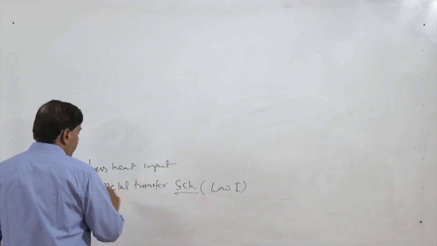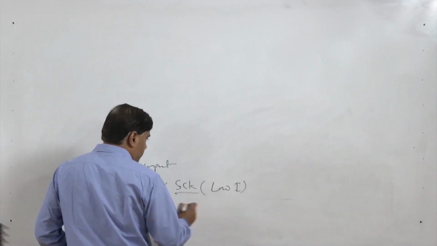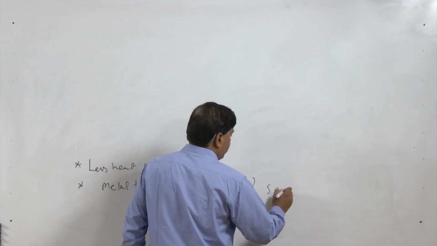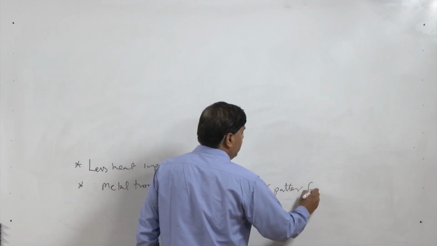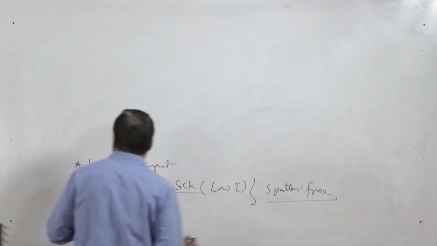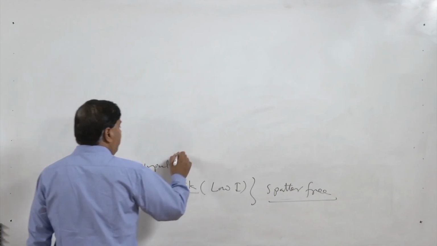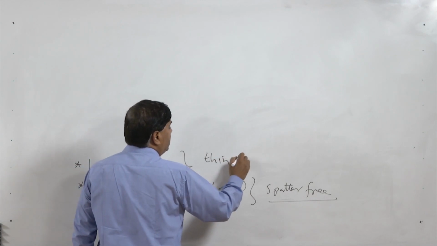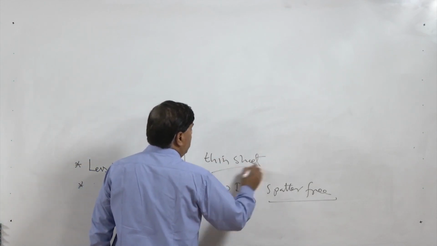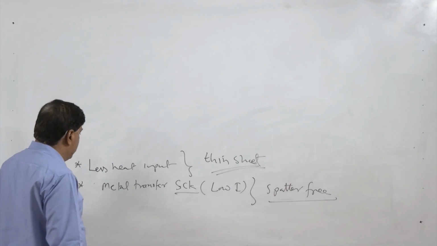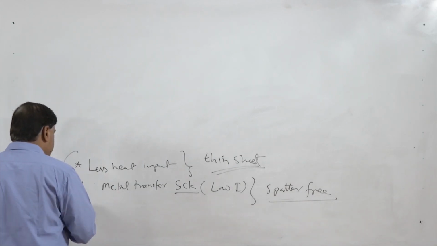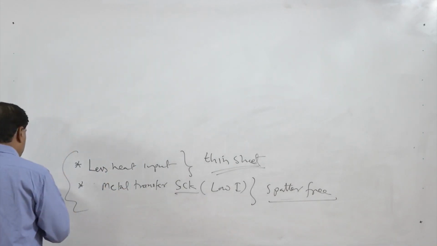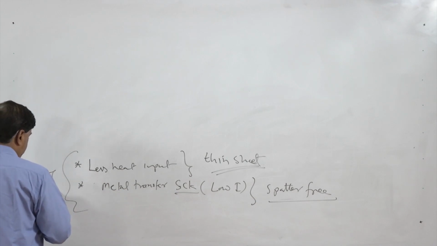Because of this feature, the transfer is spatter free, and the low heat input will facilitate the welding of thin sheets. These are the two key features related to cold metal transfer welding.